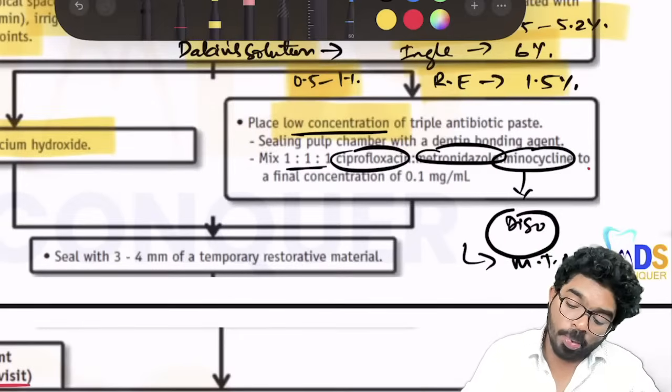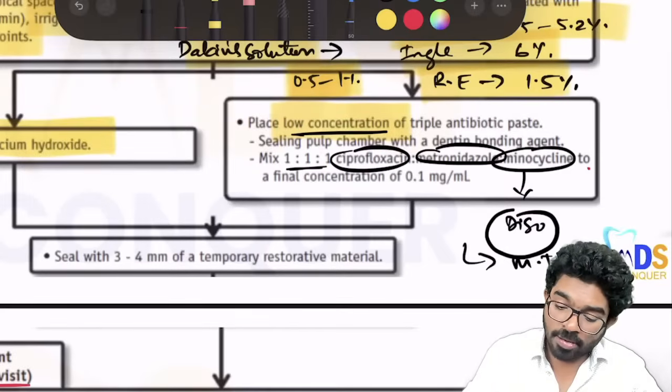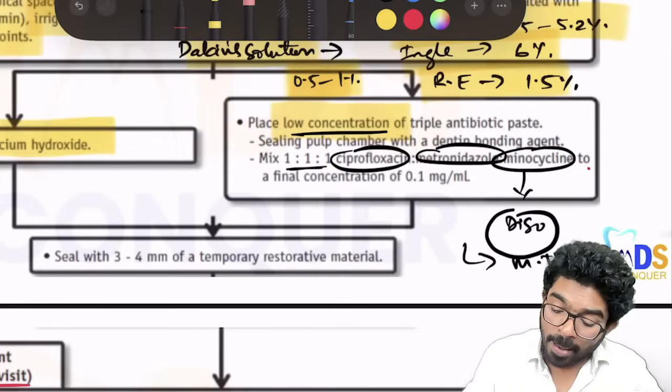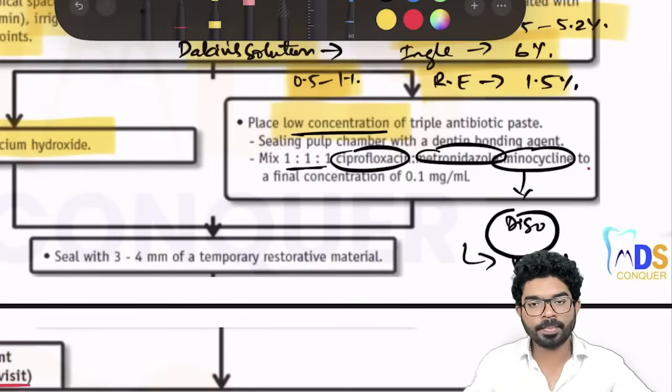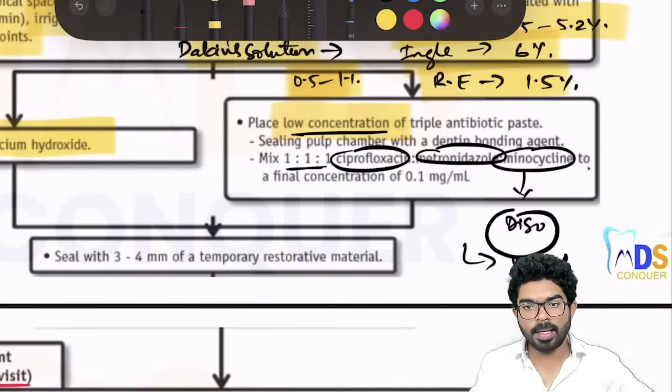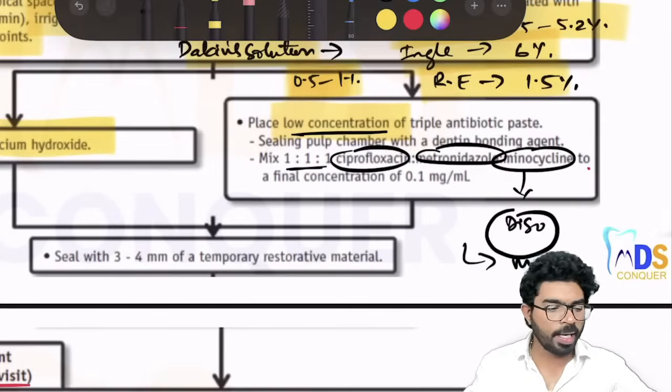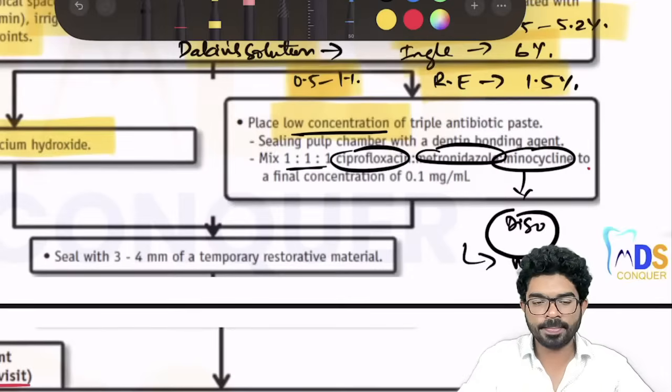And here you have a key point, right? Again, a conceptual question can be asked for you guys. Sealing the pulpal space with dentin bonding agent. Why am I sealing the pulpal space with dentin bonding agent? Anyone?